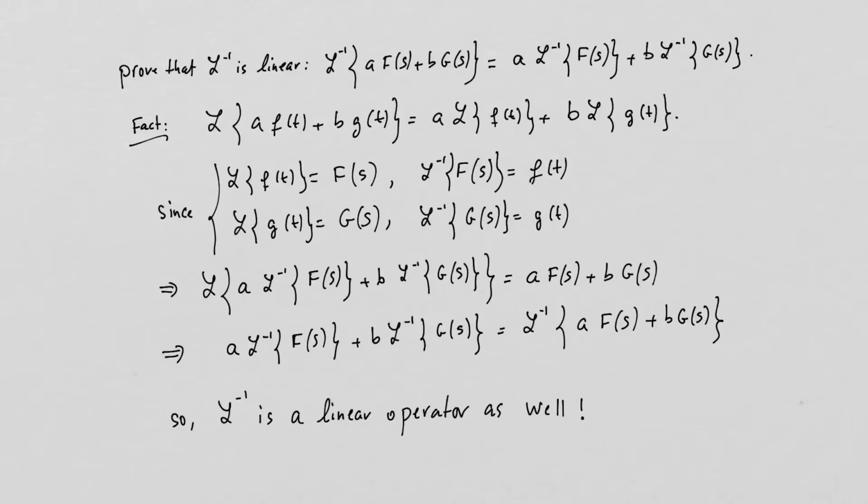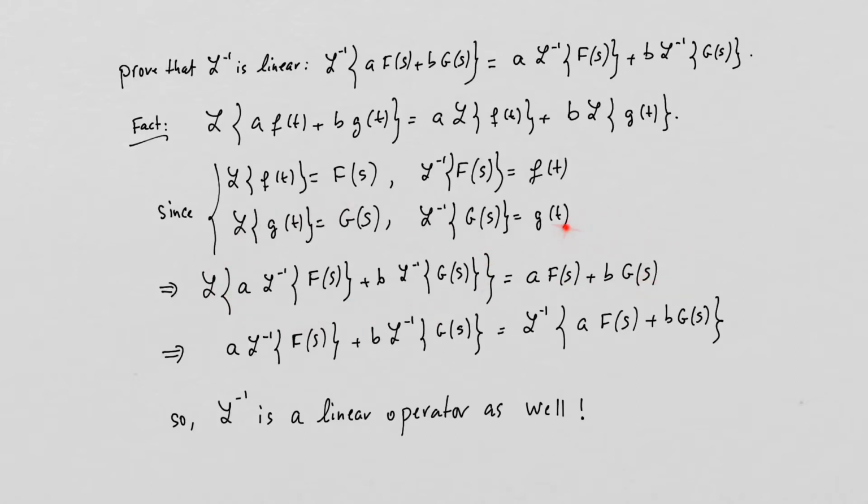Now, the right-hand side is A capital F of s plus B capital G of s. So this is exactly this, okay? So I haven't done much at all, and you're almost done with the proof. So now, think about it this way. Laplace of some function is this.